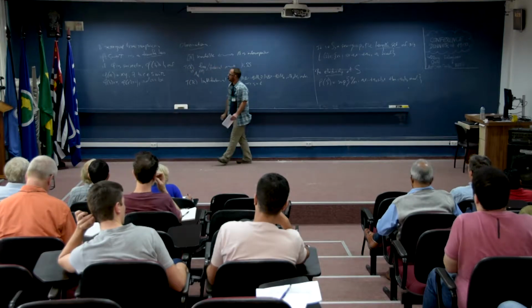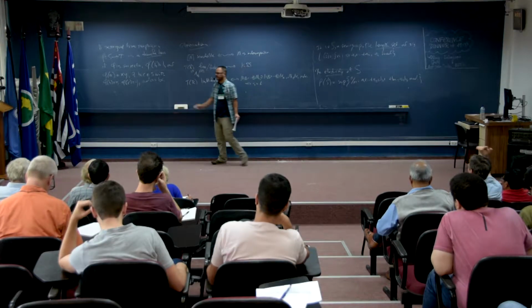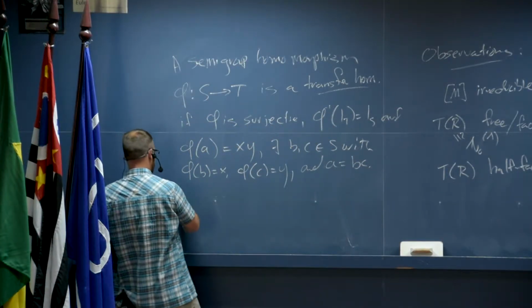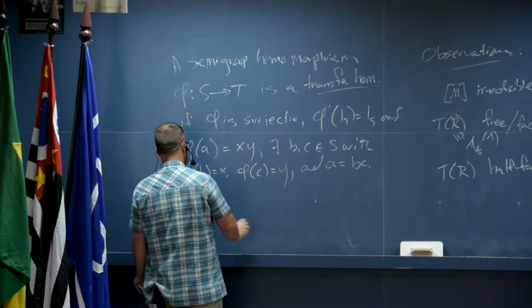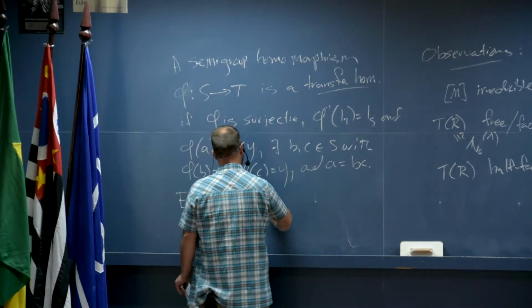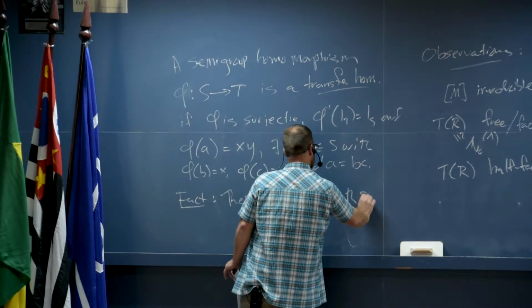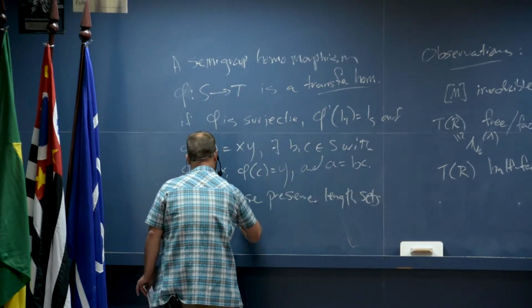These transfer homomorphisms and their variations are ridiculously useful because they preserve length sets and elasticity.